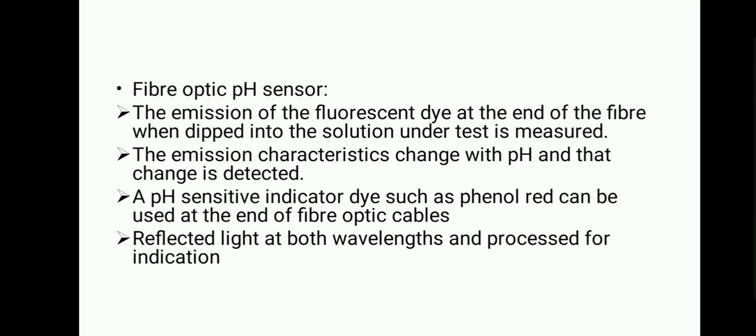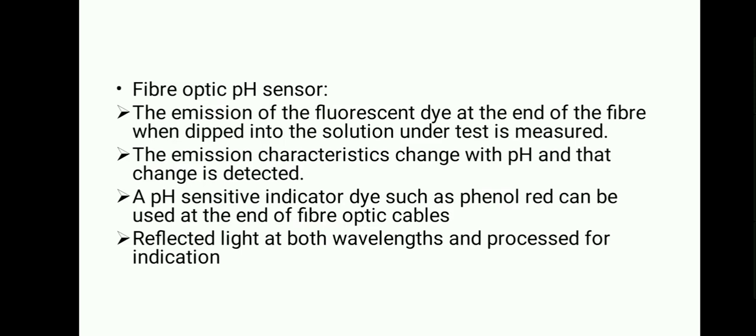As the second point suggests, the emission characteristics change with pH and that change is detected. So if the pH is changed, the emission characteristics of the fluorescent dye also change. So we detect this change and we calibrate it against a calibrated scale of pH.